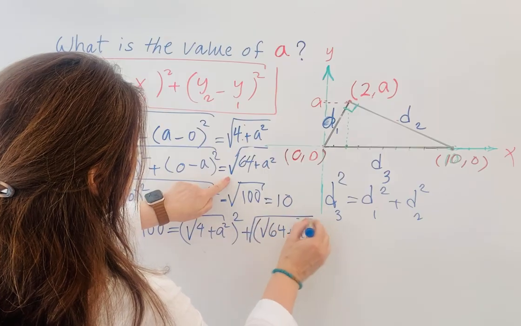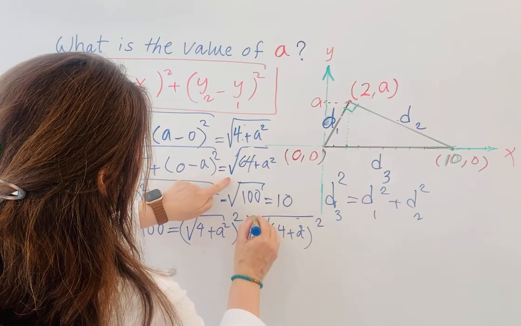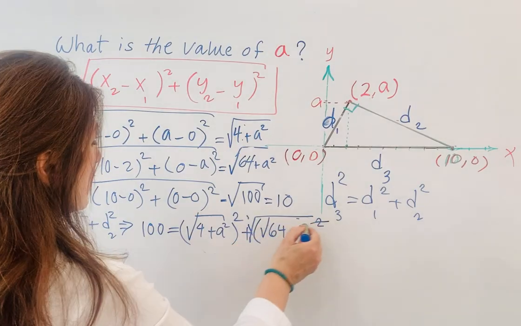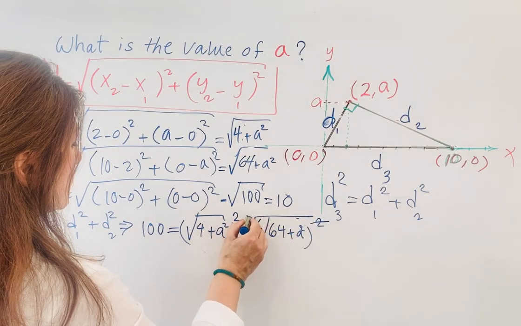We know that the square and this square root just cancel each other.